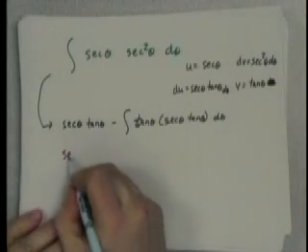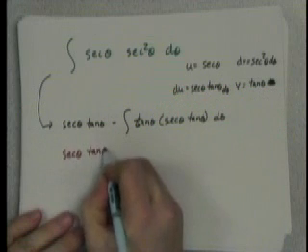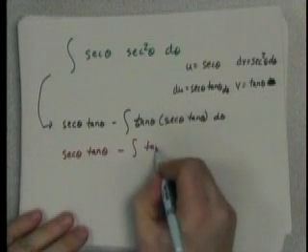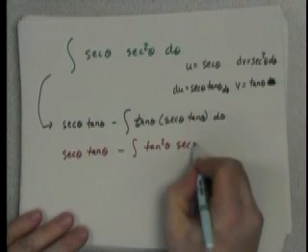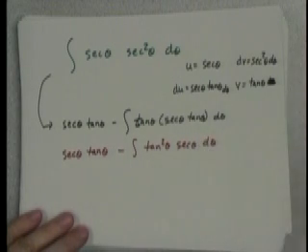So I get secant theta tangent theta minus the integral of tangent squared theta secant theta d theta.